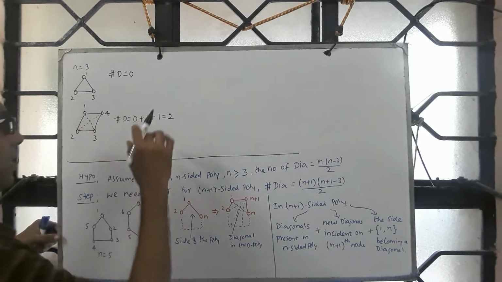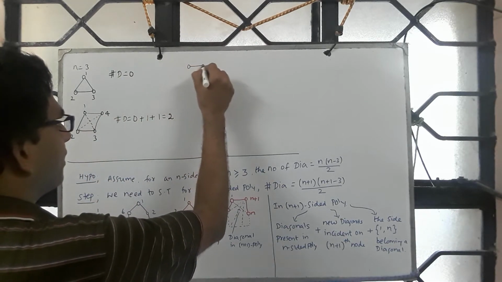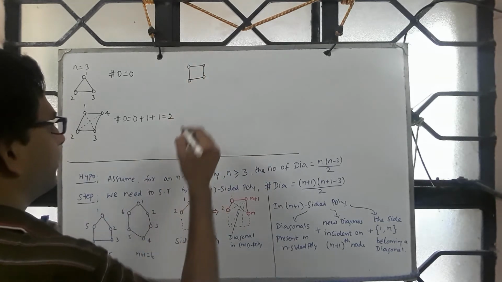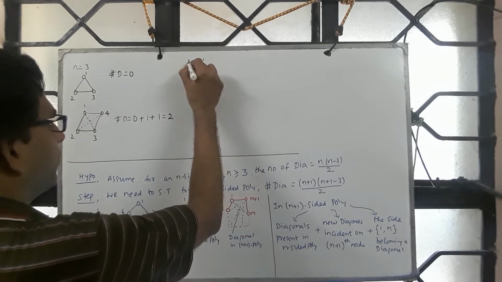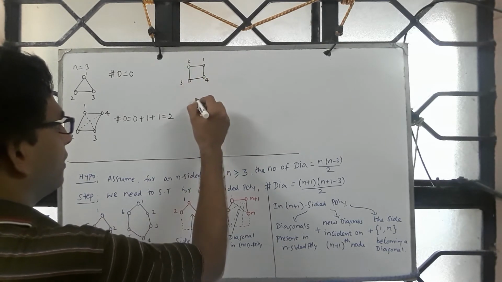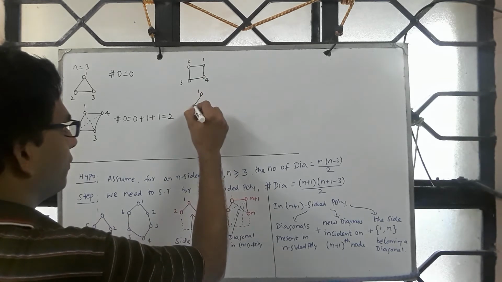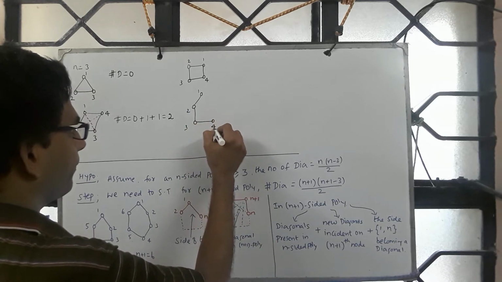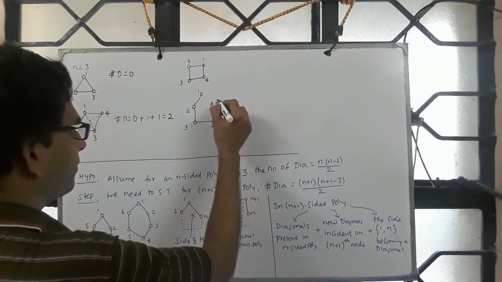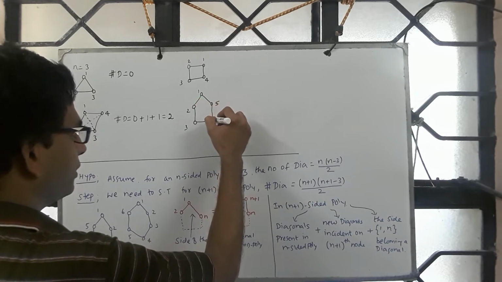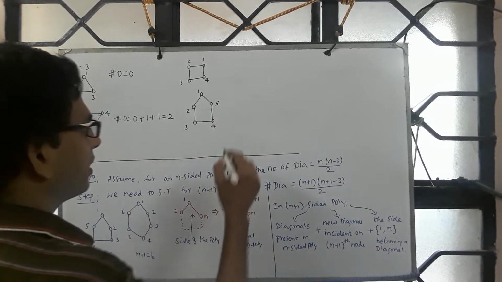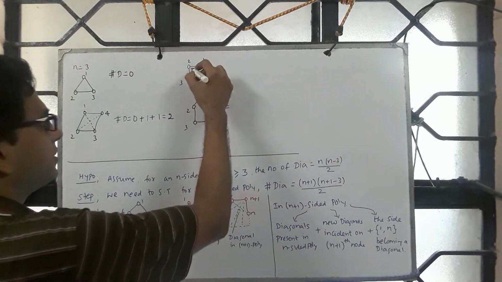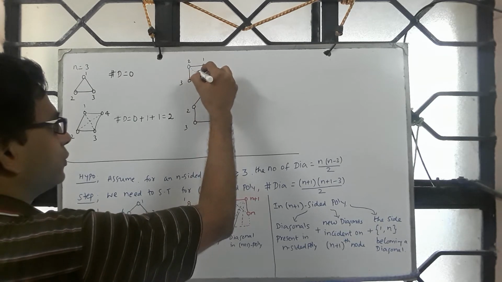Now we will see from this how we get 5. So this is your 4-sided polygon. You have 1, 2, 3, 4. From this, let me move to a 5-sided polygon. So now I am introducing 5 and attaching these two. Now what is happening? The number of diagonals present in this is precisely these two.